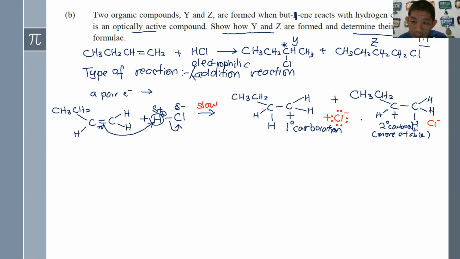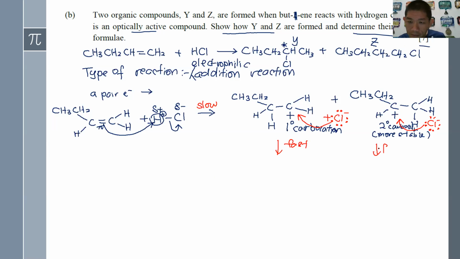I have a habit of drawing all the lone pair electrons whenever I'm proposing a mechanism. So the lone pair electron of the chlorine will then attack the secondary carbocation. This lone pair electron will attack the primary carbocation so that you form the respective products Y and Z. So this is the first step.